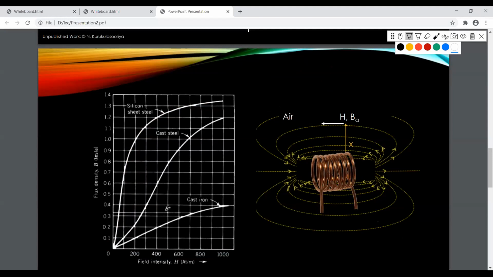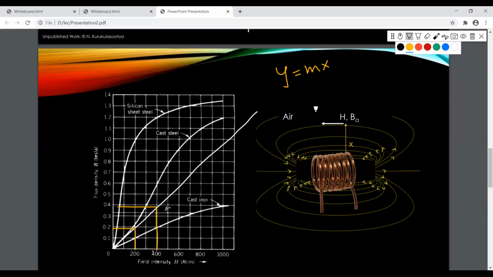Now what we can do is define another term. For instance, if I take air, the variation is linear, which means for a given value of H, the relationship of B I can simply denote using the y equals mx graph.